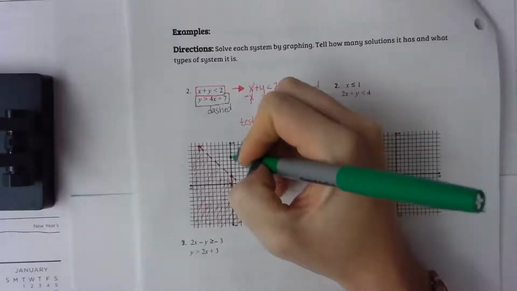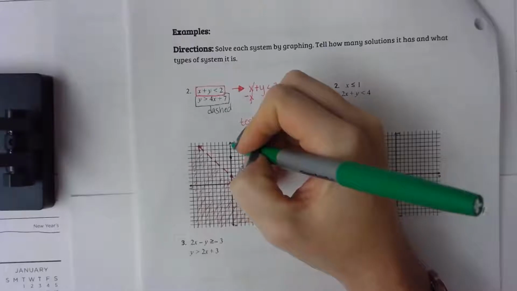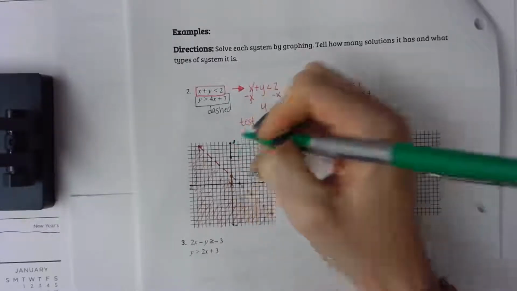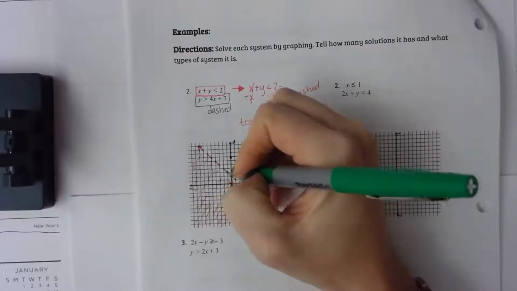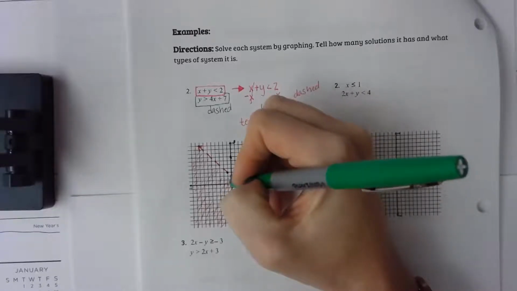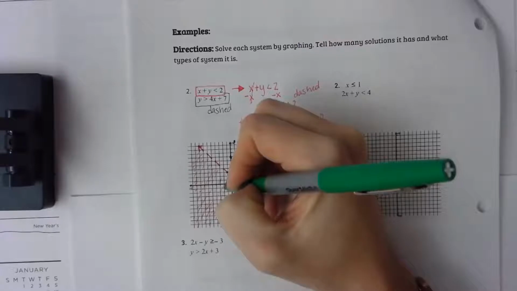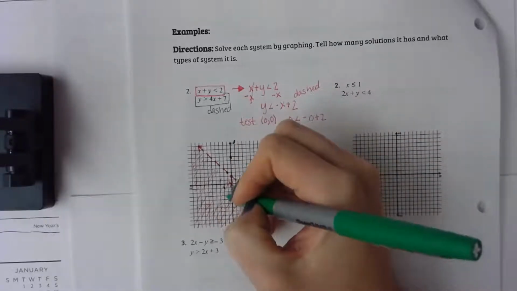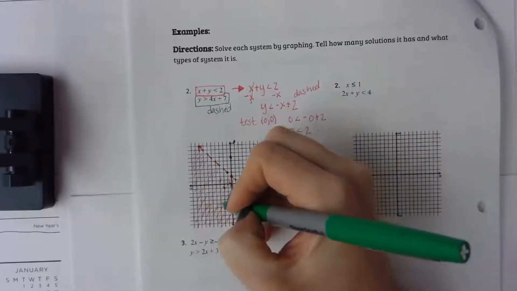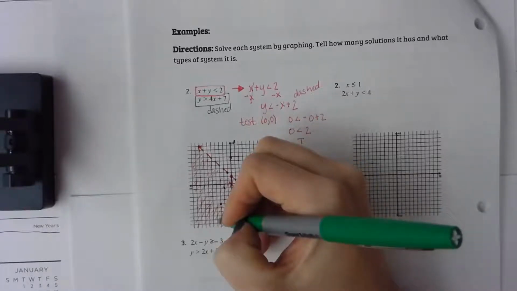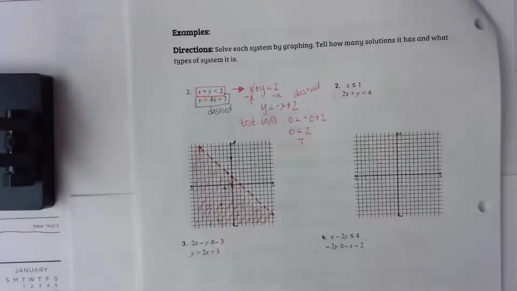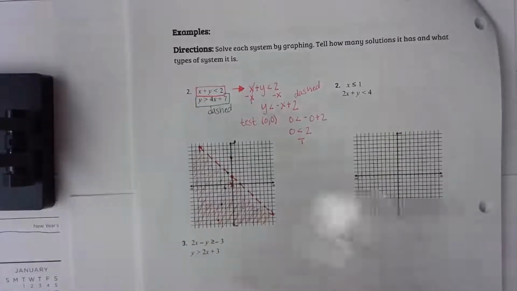Then I'm going to go up 4 and over 1, up 4 and over 1 again. I do suggest using some sort of color because that makes it a little bit easier, but it's not required.